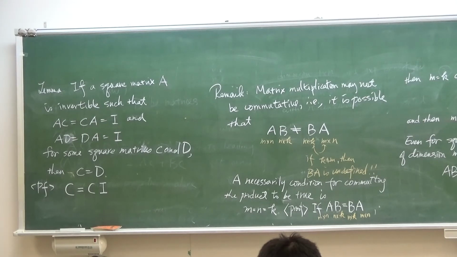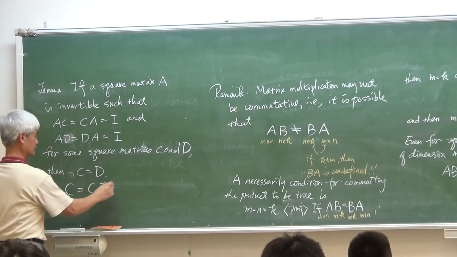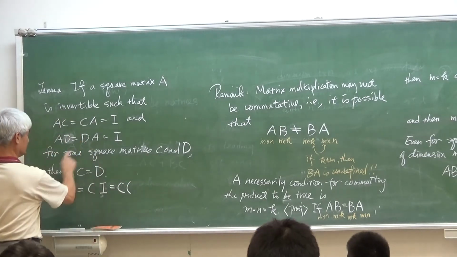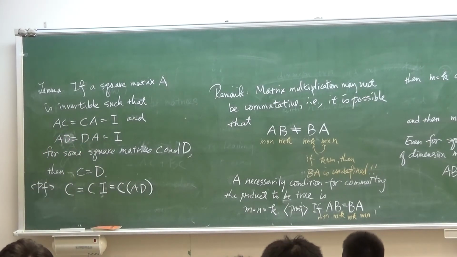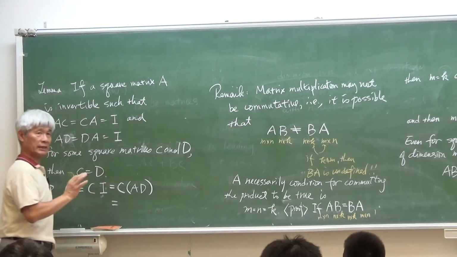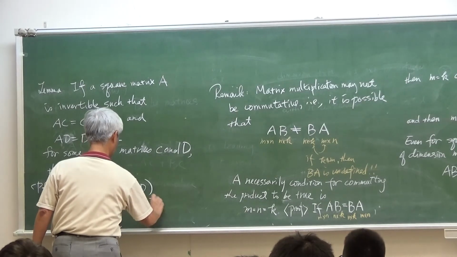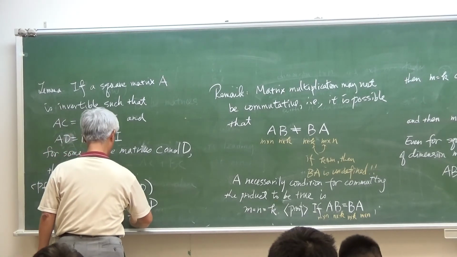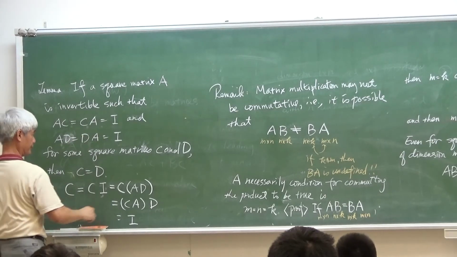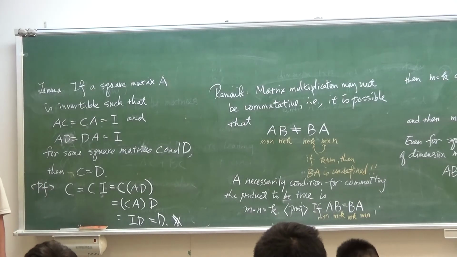Now, C equals C times I, but I is equal to AD here. Now by the associative law, I can multiply CA first. But this is I, so this is D, and finish. Okay? Next time.